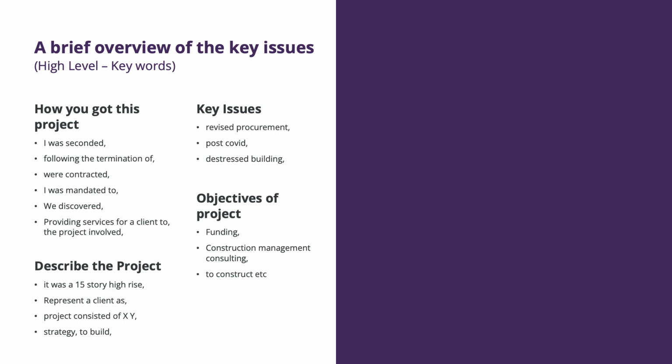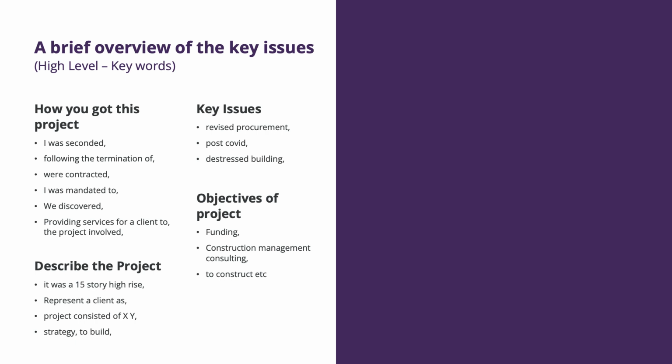The following headers, which I recommend you delete and don't include in your final, should be how you got this project, describing the project, key issues, and the objectives of the project. Depending on the project, you may include something along the lines of, I was seconded, following the termination of, were contracted, I was mandated to, we discovered, we're providing services to.